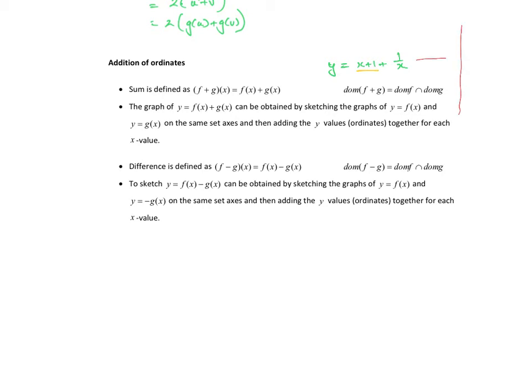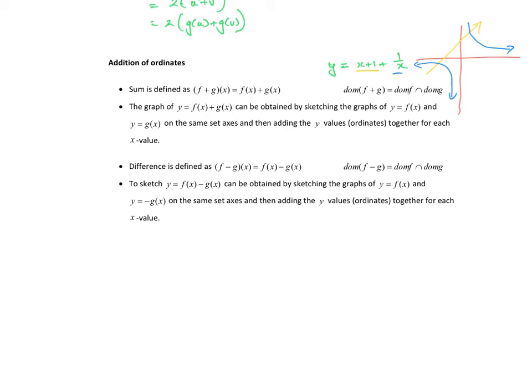So if I just do a quick sketch out here, x plus 1 in yellow looks like that. The graph of 1 on x looks like that. And so the addition of ordinates says, okay, if I add those y values together, I can then get the graph of x plus 1 on x.